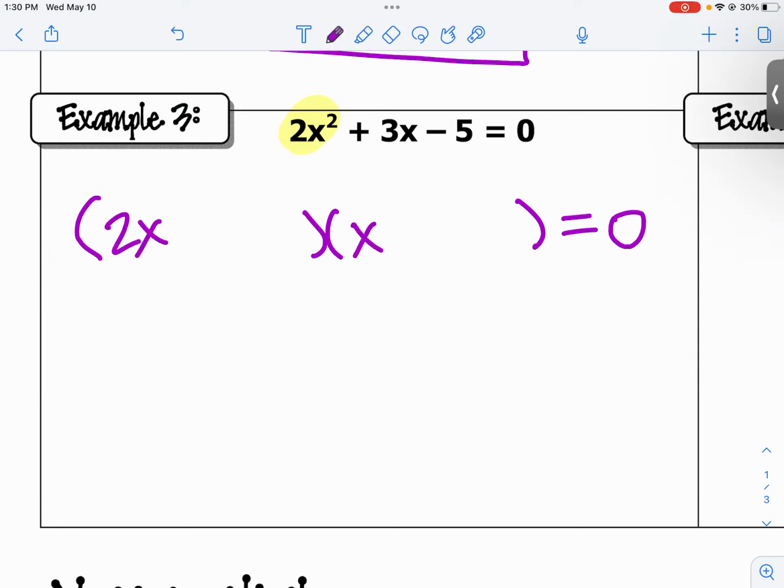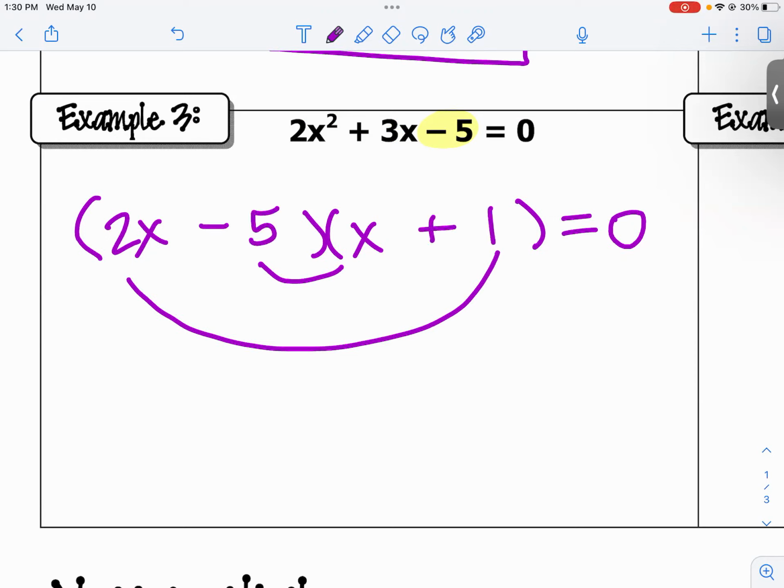2x and x. Now, we know we need to multiply to negative 5. And when we FOIL our outside and inside, they need to add to be 3x. So what are some options that we have to multiply to negative 5? Negative 5 and 1.